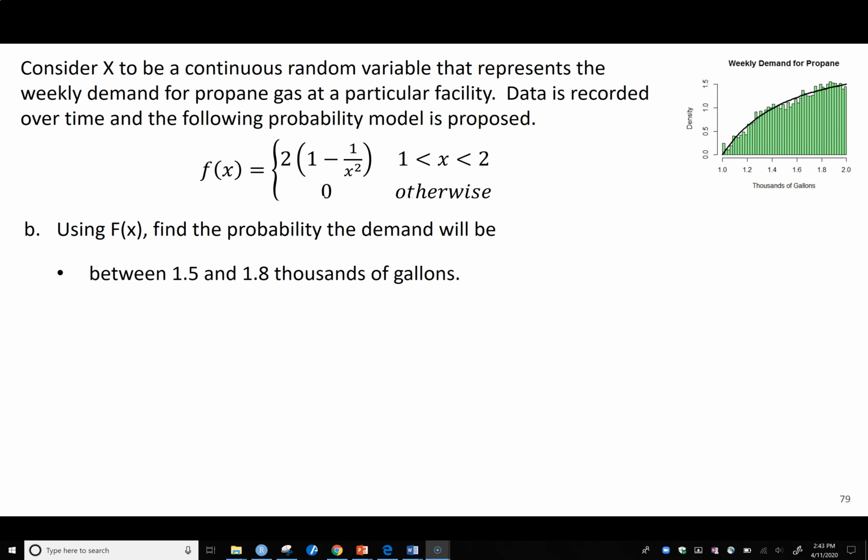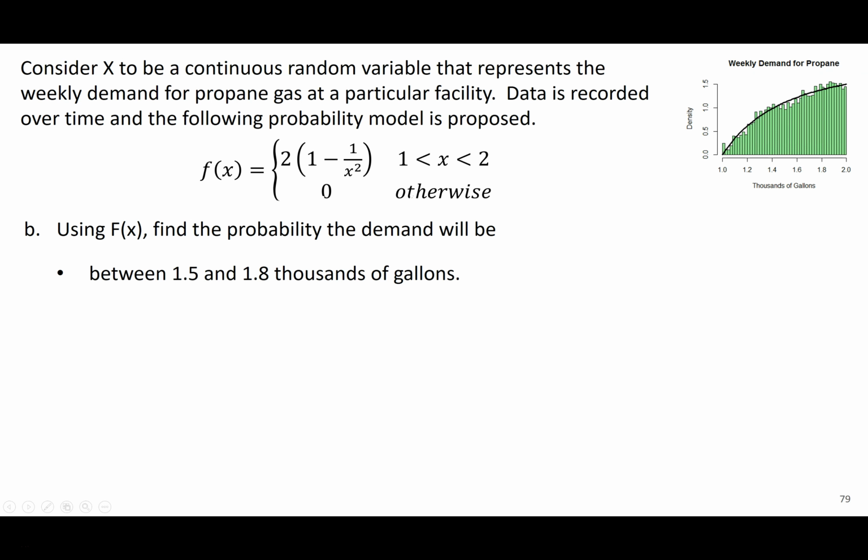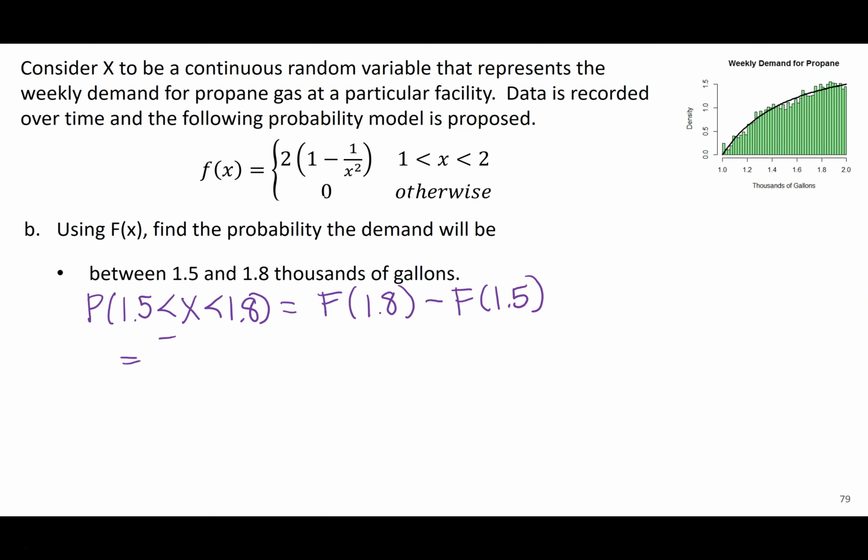Now if I want to find the area between 1.5 and 1.8, we are going to use that former part, but just setting it up: probability x is between 1.5 and 1.8. I can set that up as the CDF at 1.8 minus the CDF at 1.5.